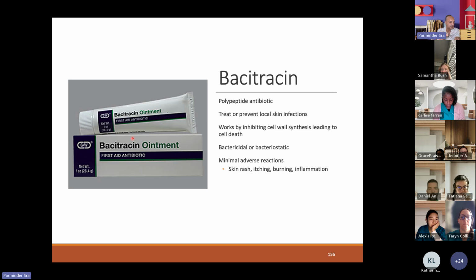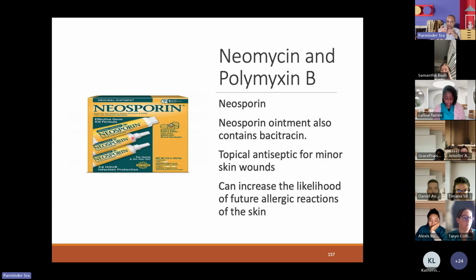In that area, either minor redness, itchiness, or rash in some cases are the most common adverse effects. Okay. This is also very common, Neosporin. This is a combination of neomycin and polymyxin B, an OTC product. Once again, it's an antibiotic.